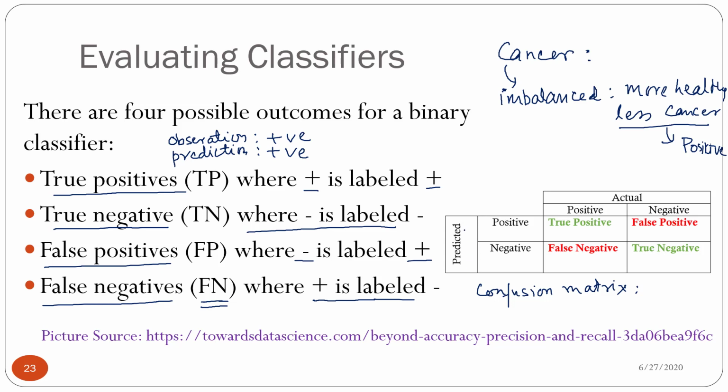That means it will have the result of our experiment on the classifier. What is the classifier calling, right? Whereas right here it's the actual thing. This is the reality in the test data. In reality, we had some positive cases and we had some negative cases.